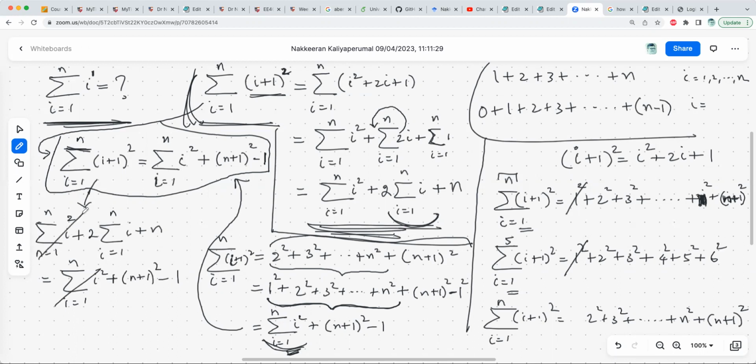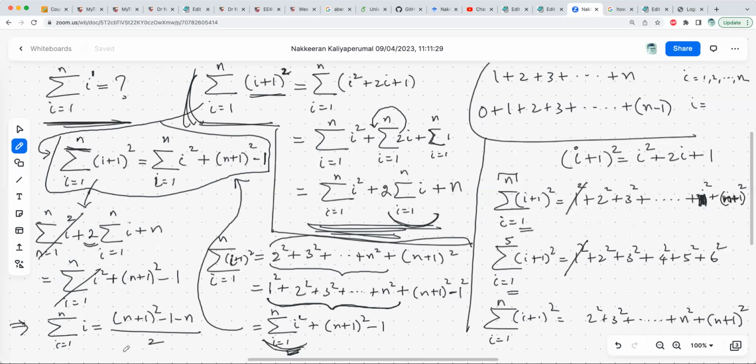Once we have done that, this will yield us the summation of i, running from 1 to n, which is equal to (n plus 1) whole squared minus 1 minus n, the whole thing divided by 2, because the 2 is available. You get that?